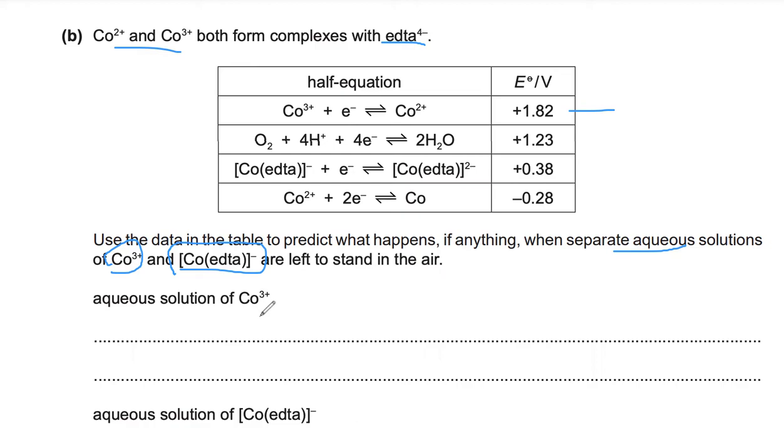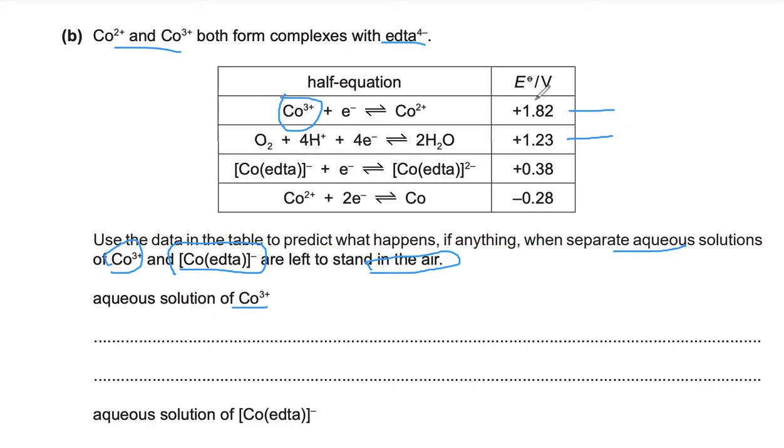So aqueous solution of Co+3 is left to stand in the air. So what happens is it is reacting with oxygen, right? So Co+3 is reacting with this one. So the first product is this, and the first reactant would be Co+3, right?